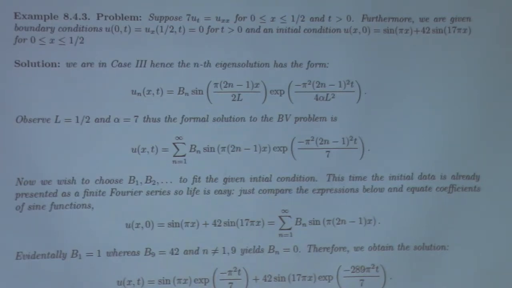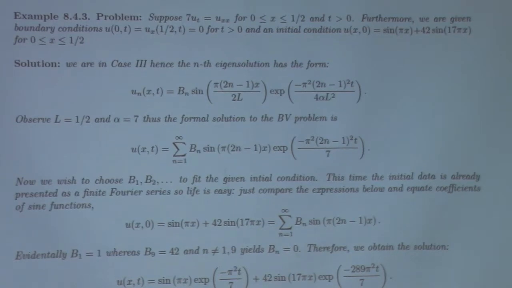And so my solution is simply sine pi x times e to the minus pi squared t over 7, from n equals 1, plus 42 sine of 17 pi x times the exponential of minus 17 squared, which is 289, pi squared t over 7. That's because it's already in terms of sines. So I got around the trouble of finding the Fourier decomposition in this case.